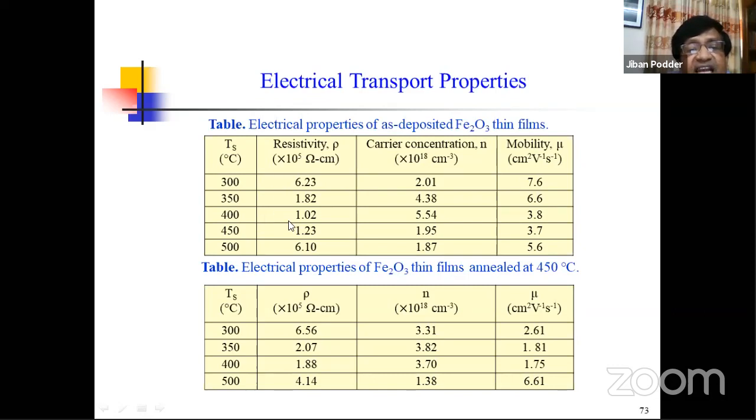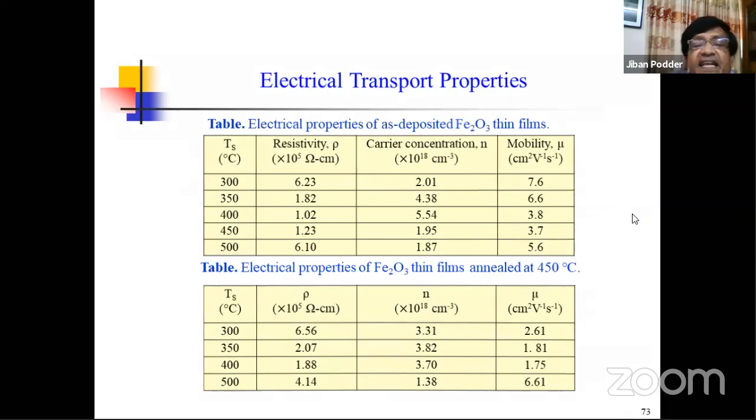Here you see that at 400 degrees centigrade we have the minimum resistivity and the carrier concentration is high. There is a correlation between the as-deposited and annealed samples. So we measured the resistivity using this four probe method.